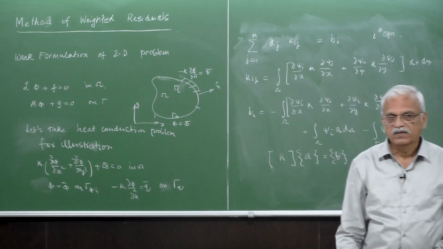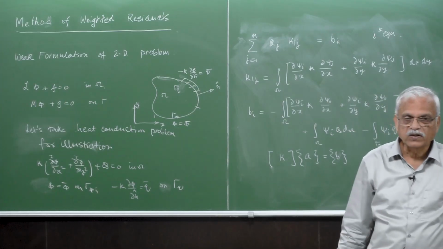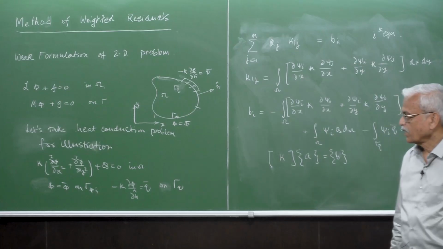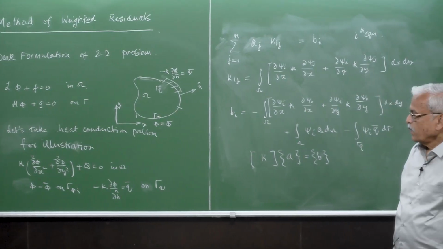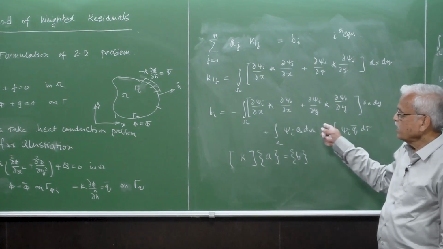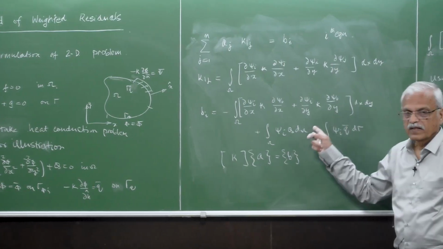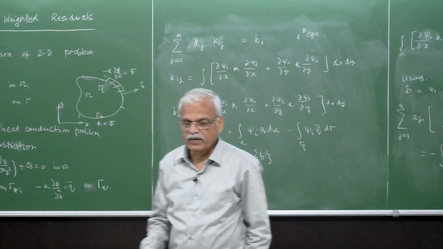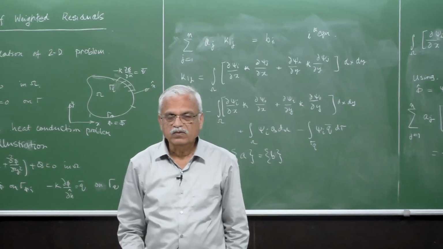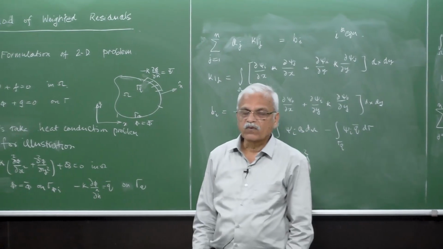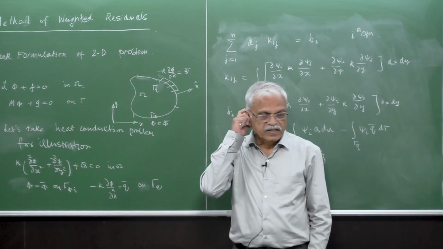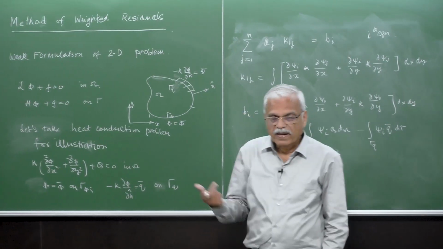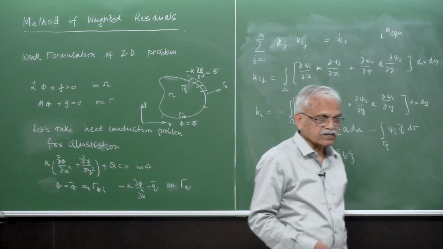The function should be without any discontinuities. Whereas in this weak formulation, phi hat needs to be of lower order continuity because the derivative order has come down by 1. That's number one.